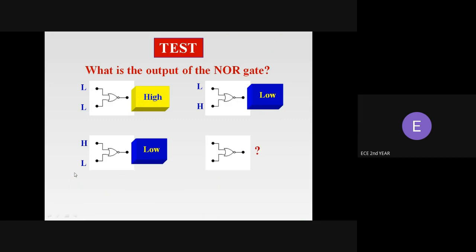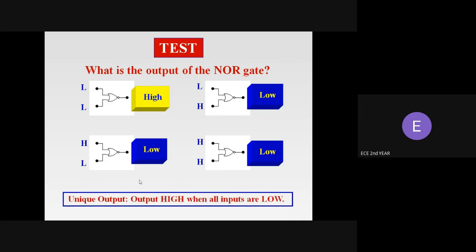And for the last one, we apply 1 1 here, and the output will also be low. So what is the case for the output to be 1? The input has to be 0 0, and you will have the unique output. Unique output means the output is high only when all the inputs are low.